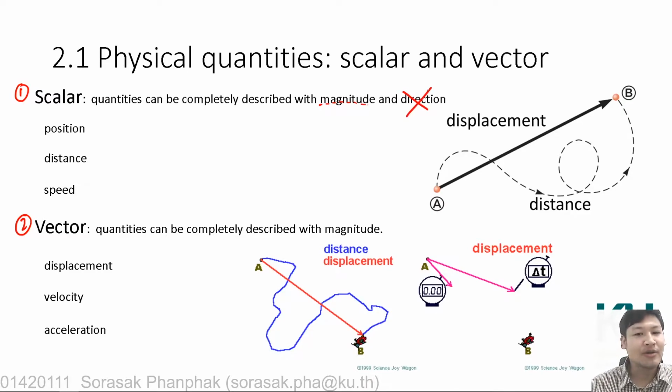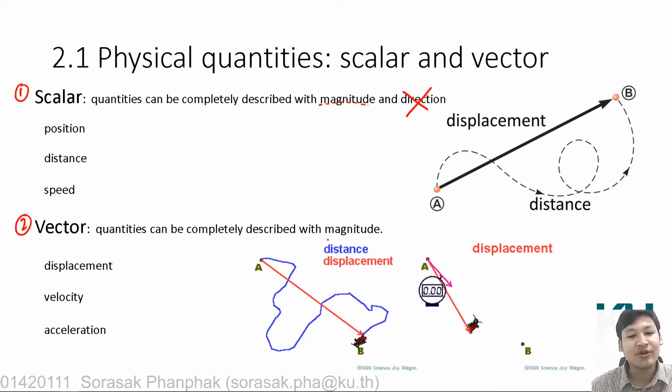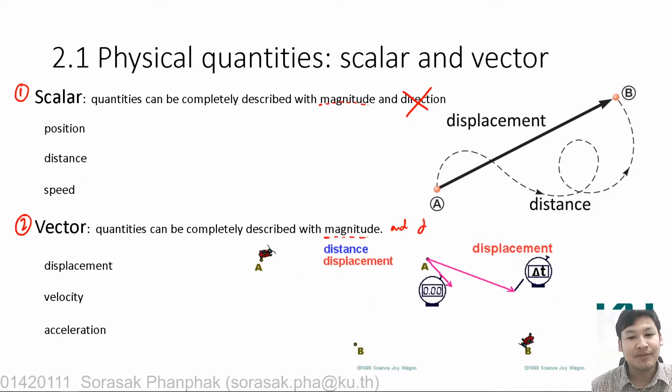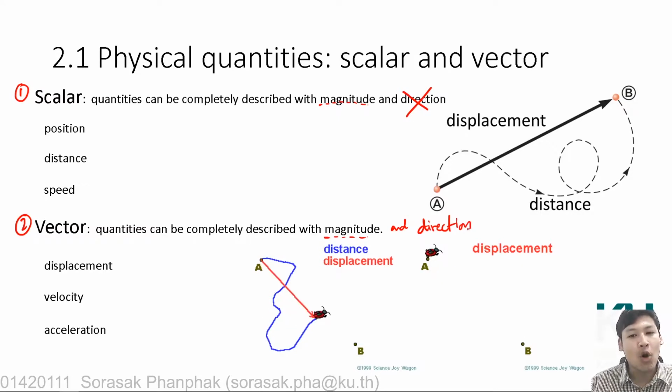So no direction. Make sure you understand this. But what is a vector? For a vector you require magnitude and also direction, for completeness, to explain the quantity.